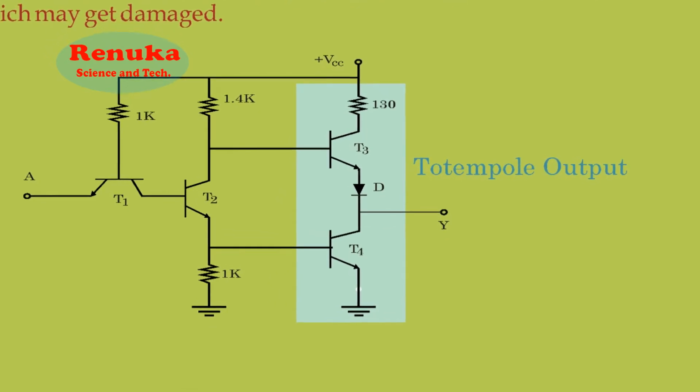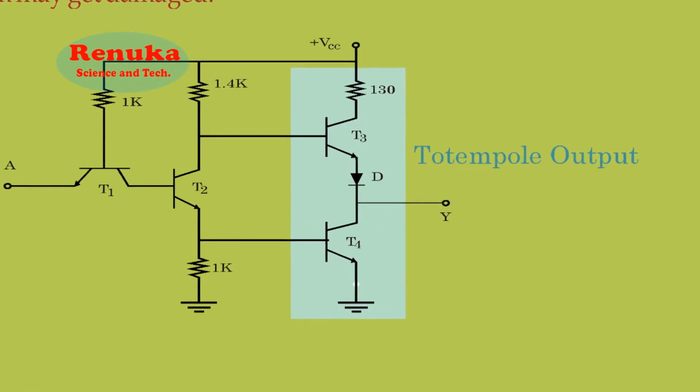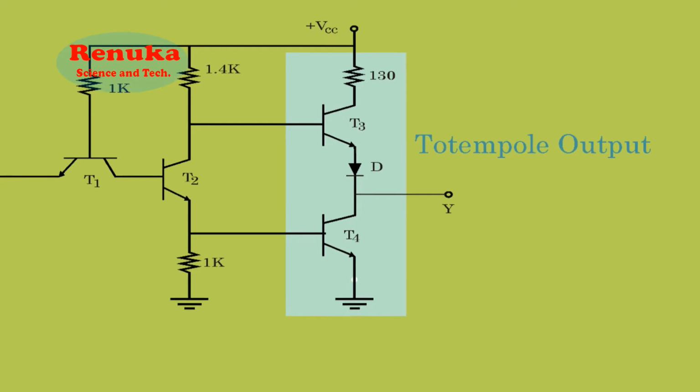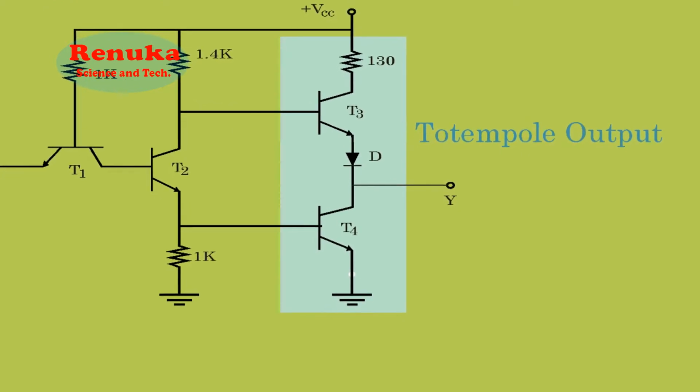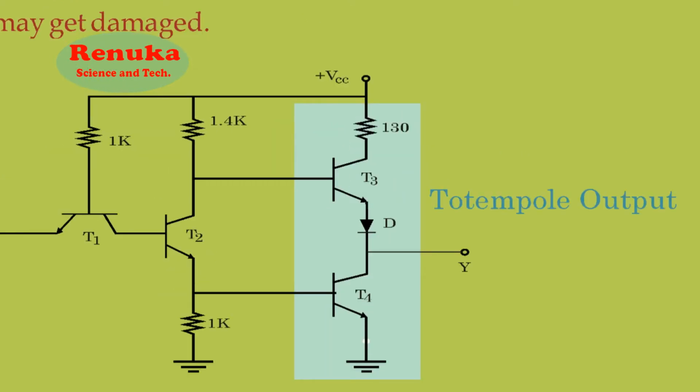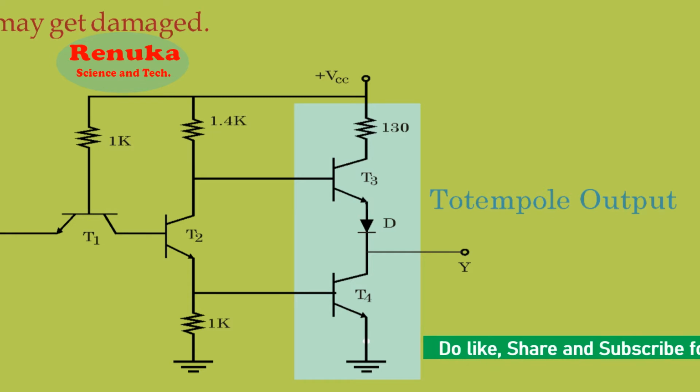Let's have a look at the diagram. There are two transistors coupled in series connection. From the power supply, there is a current limiting resistor of 130 ohms, then transistor T3, then a diode connected in between the two transistors, and at the end there is another transistor T4, whose emitter is connected to ground.